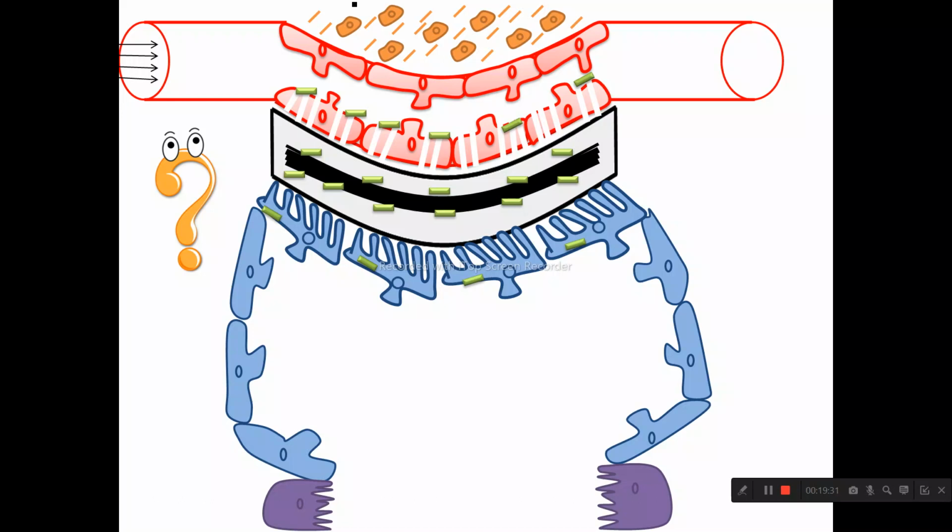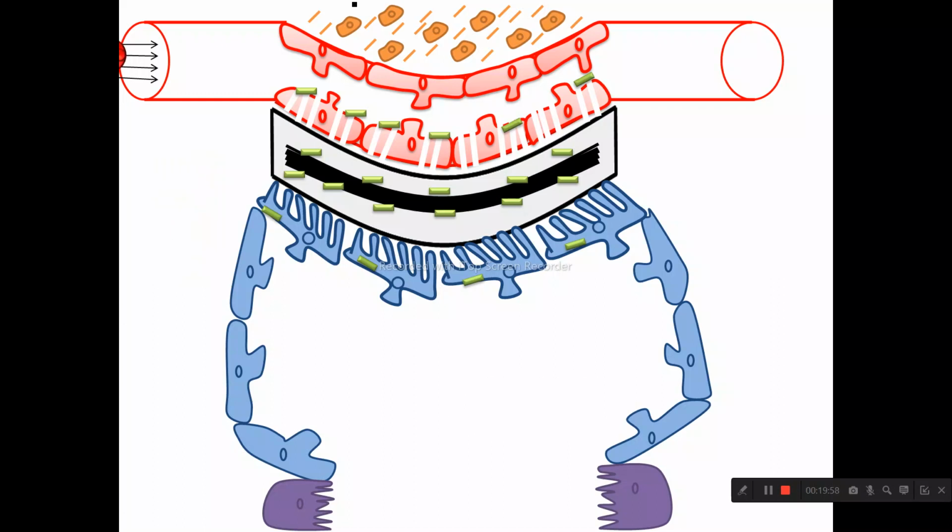That means anything that has to pass through here finds two types of barrier. One is the size barrier and another one is the charge barrier. That is why we say that glomerular capillaries act as a size and charge barrier system for filtration. Now, let me give you a very classical example that you have to remember.